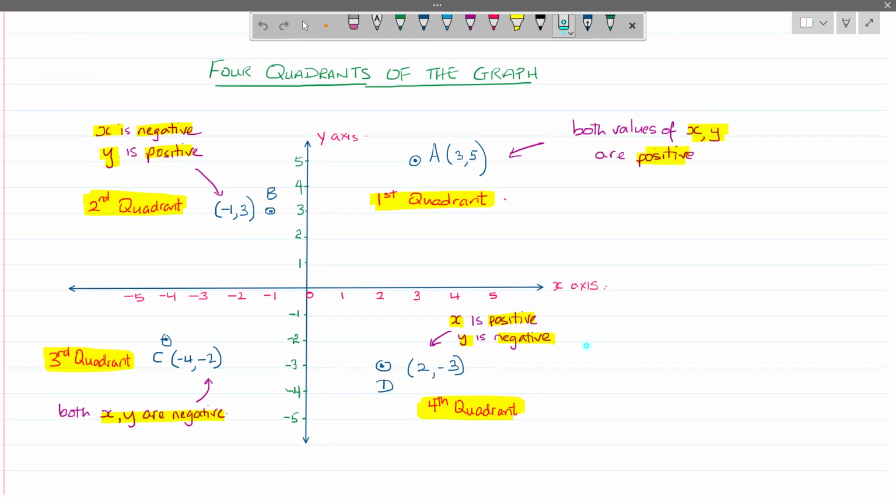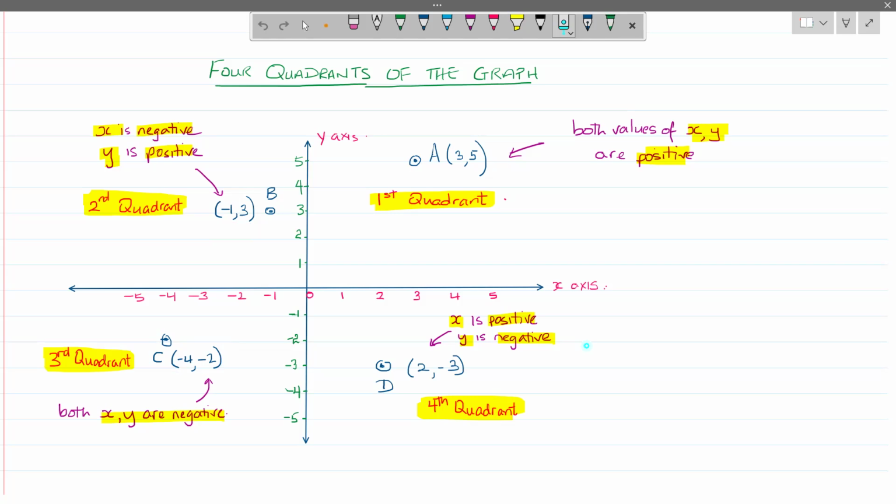If I have a pair of coordinates and the x is negative, that should automatically signify to me that this point is in the second quadrant, top left-hand side, right? Because to have a coordinate like this, it means that it has to be on the negative side of the x-axis. If both x and y coordinates are negative, that means that we are in the third quadrant, bottom left, right?